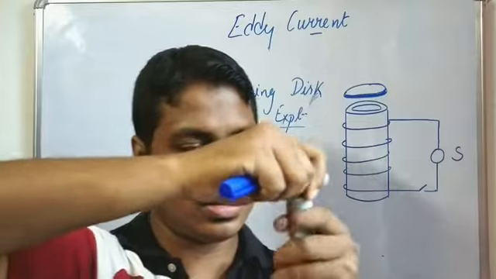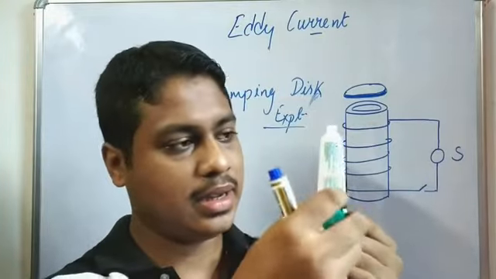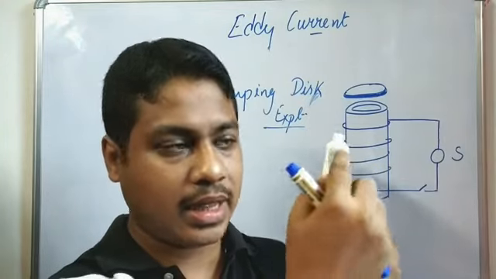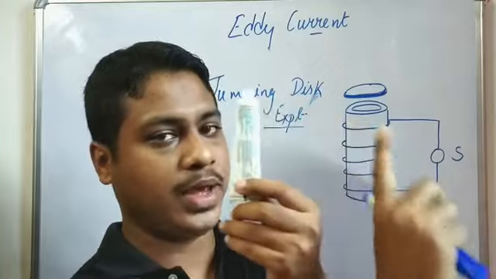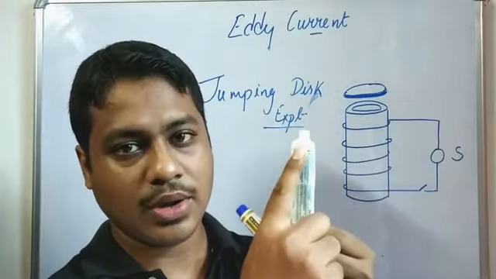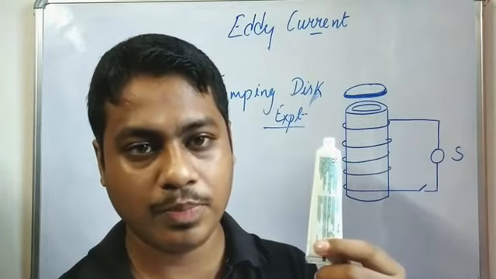I am showing it again. Suppose this is your tin can, and the current is flowing in this way. So this part will behave as a north pole, and the lower part will behave as a south pole.